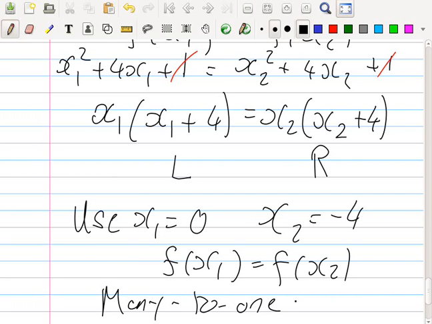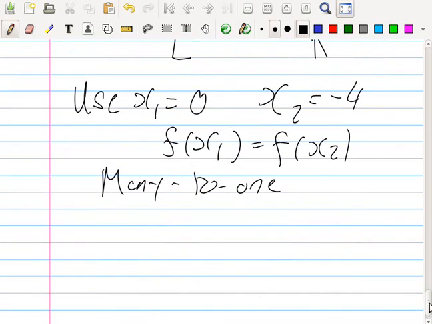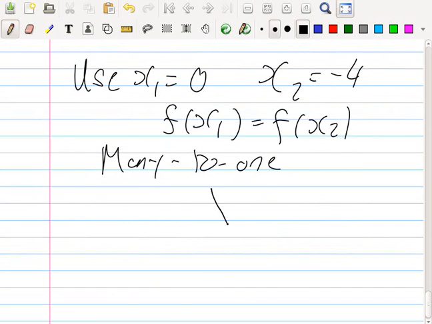So can anybody think of any other way to show it's many to 1, or to find numbers to show it's many to 1? Any ideas? No? Okay. Let me show you what I did in my head. If you were to imagine this graph here, it clearly has a minimum point. Agreed? So it is very likely that the value one space to the left of the minimum and the value one space to the right of the minimum will have the same height.